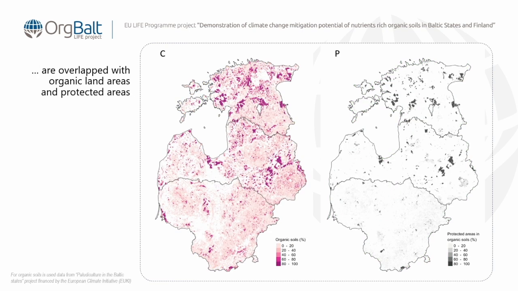After that, we also got information about where organic soil is located geographically. But from this, we also excluded areas which are protected areas from a biodiversity perspective, because the assumption is that we can't implement measures on land where there are restrictions on changing land use for those specific parcels.